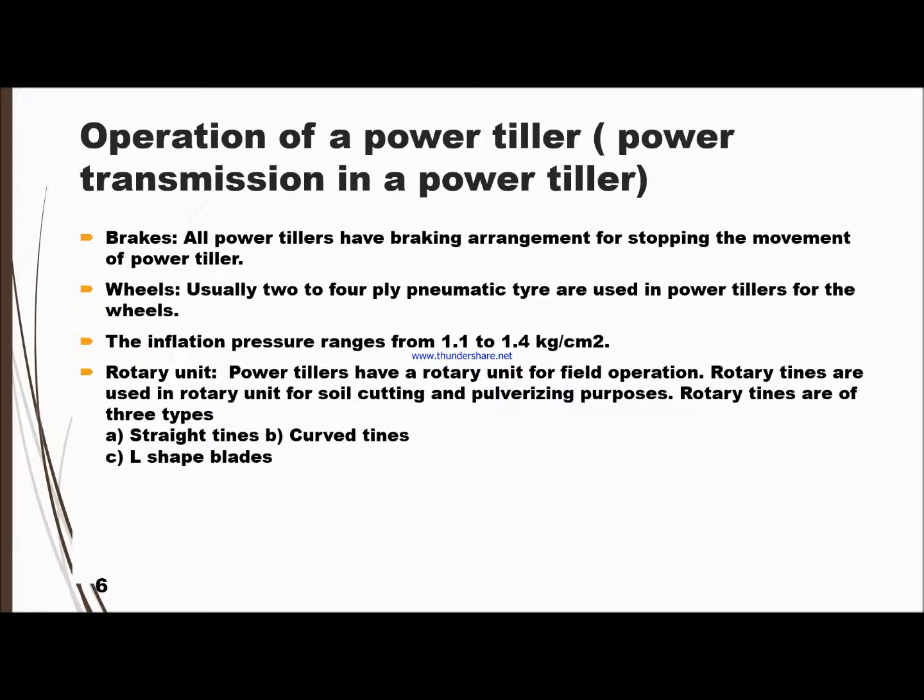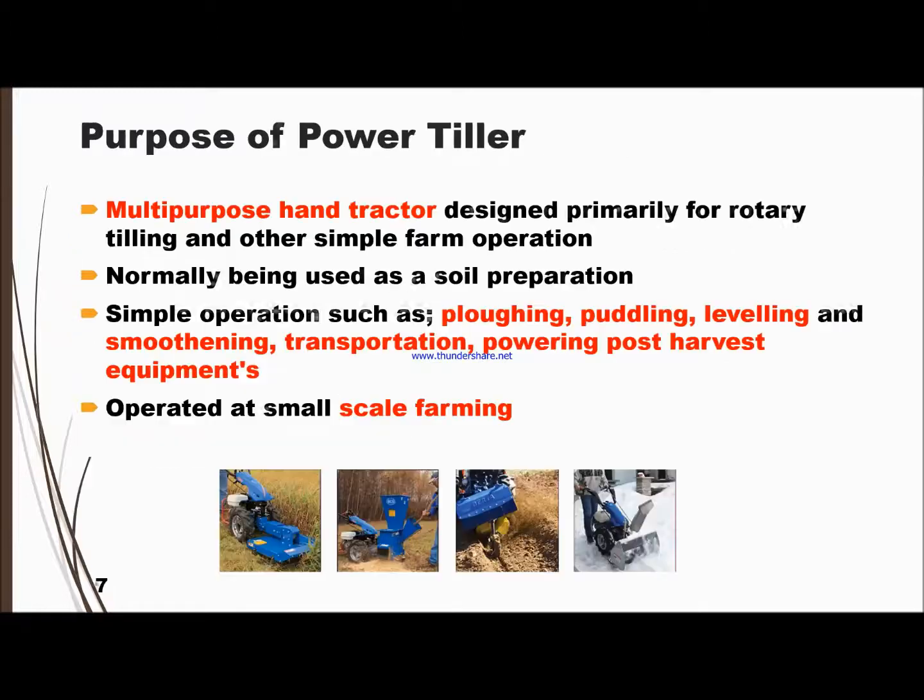One thing that I want to add is the differential gear. This power tiller also has a differential, so that we can easily manipulate the differential lock to make a sharp turn.